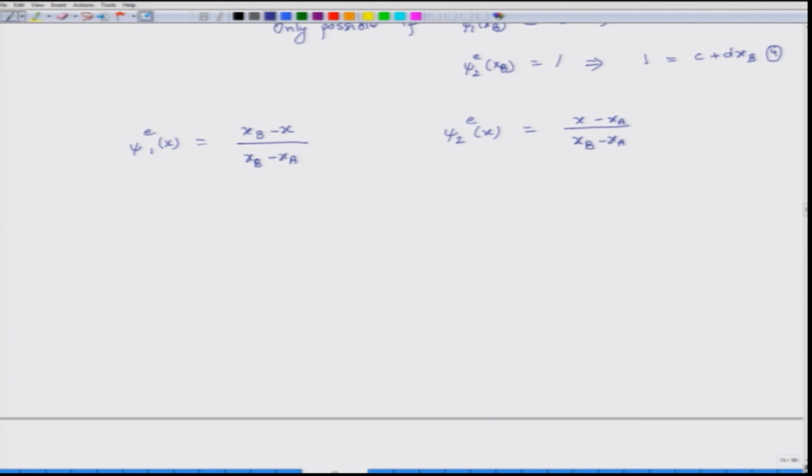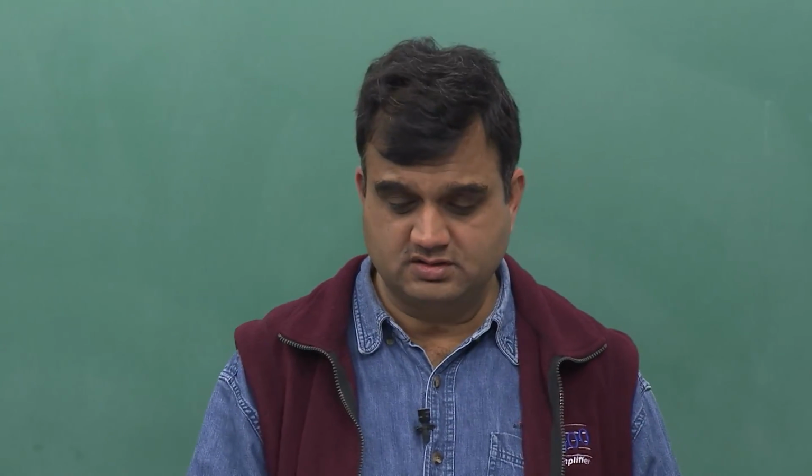So, these are my psi 1 and psi 2 functions for which element? The eth element. E is general, so it does not matter. These relations are valid as long as I know xb and xa, the initial coordinate and the final coordinate. I have the psi functions for all elements.